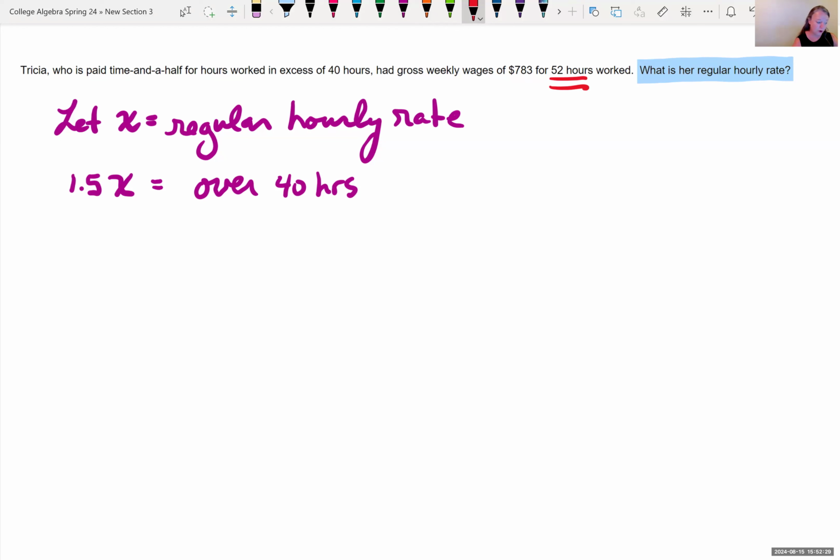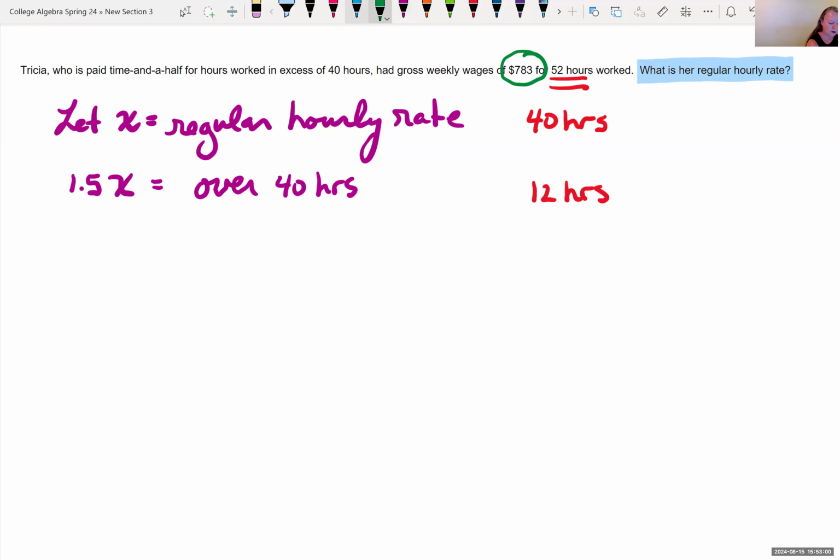So 40 hours is regular pay. And anything over 40 hours, which is 12 hours, she worked for overtime. And we know that the total amount of the paycheck was $783. And that's gross, so without taxes taken out. So let's set up our equation.